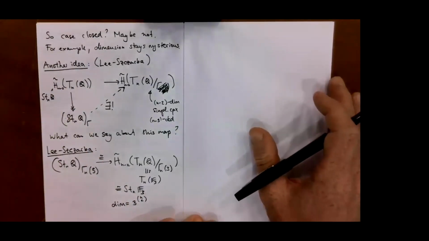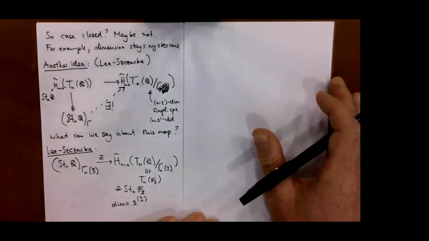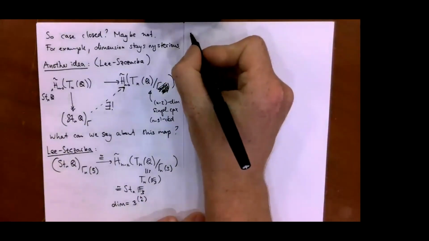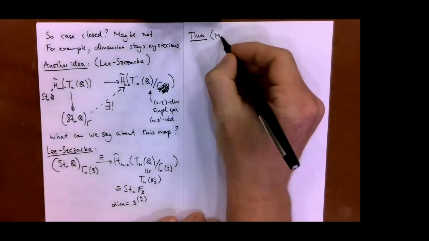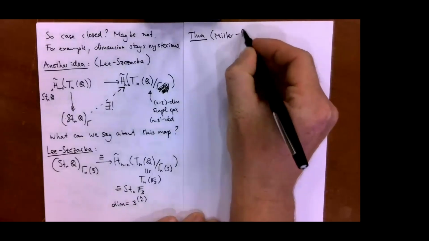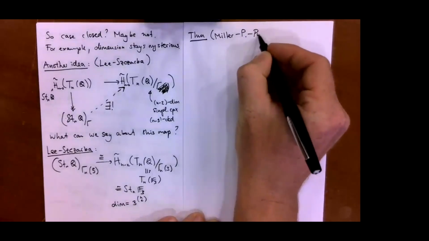It's a reasonable question to ask. And well, let me tell you about a theorem. Finally, I can present one of our own theorems. This is with Jeremy Miller and Andy Putman.